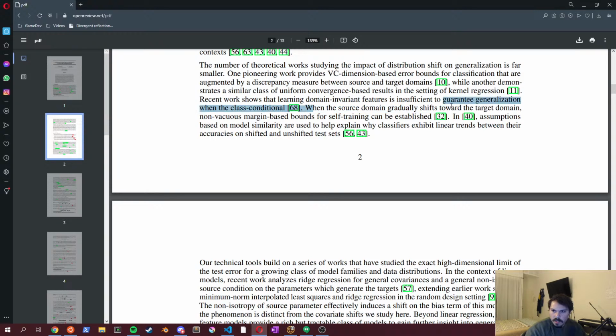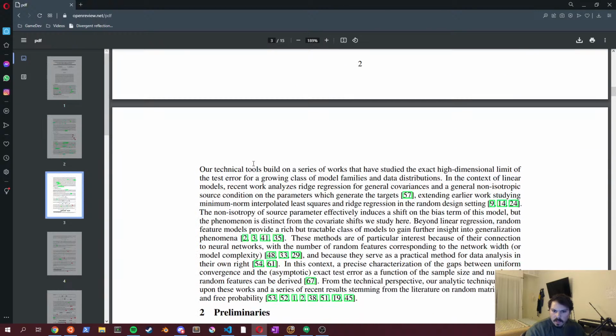When the source domain gradually shifts towards the target domain, non-vacuous margin-based bounds for self-training can be established. In 40, assumptions based on model similarity are used to explain why classifiers exhibit linear trends between their accuracies on shifted and unshifted test sets.